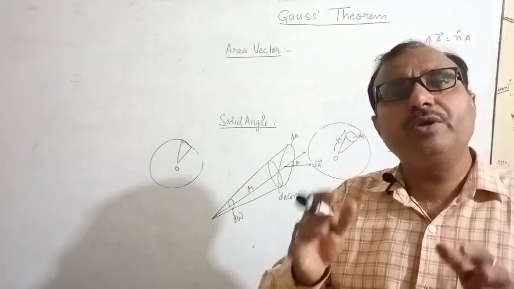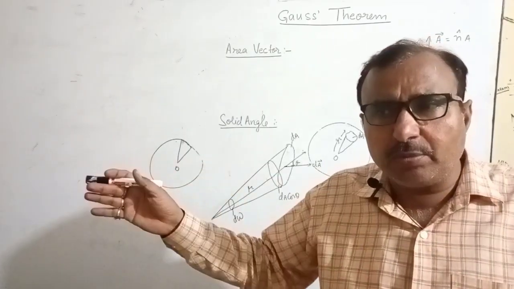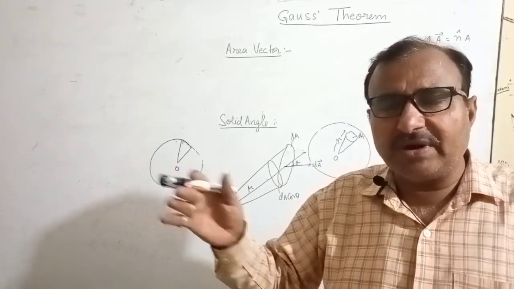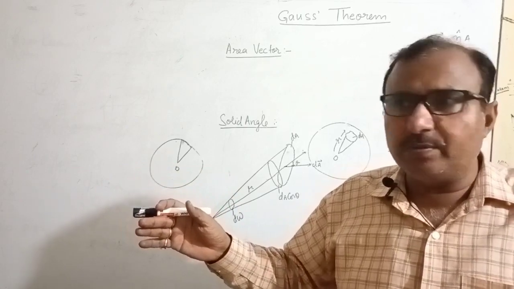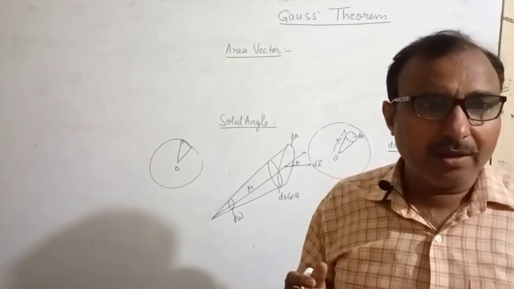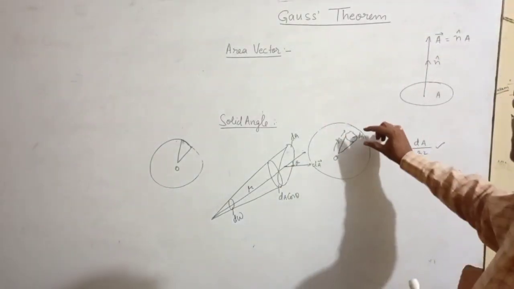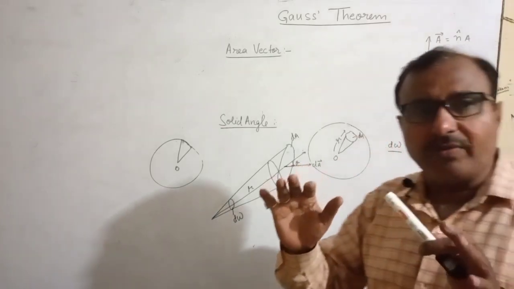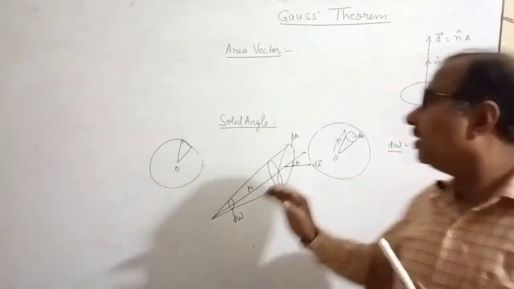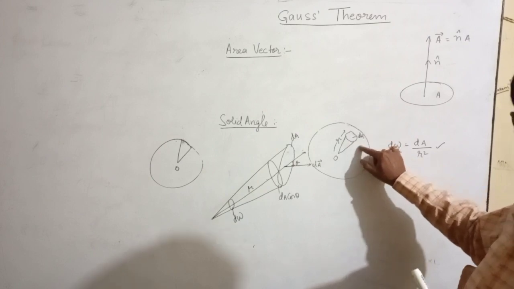Differentiation means you divide something into small parts, like when we differentiate between persons, this person is Bengali, this person is Madrasi. So here we take a small area of a sphere, that is dA.